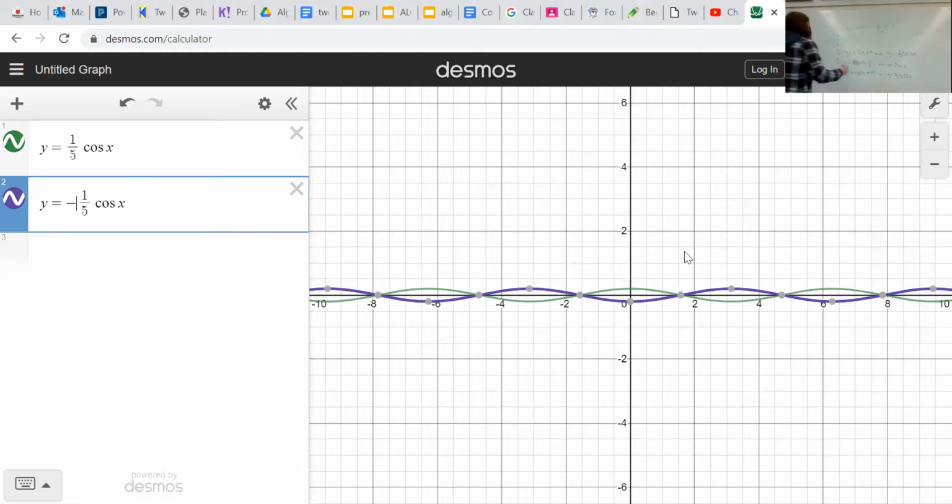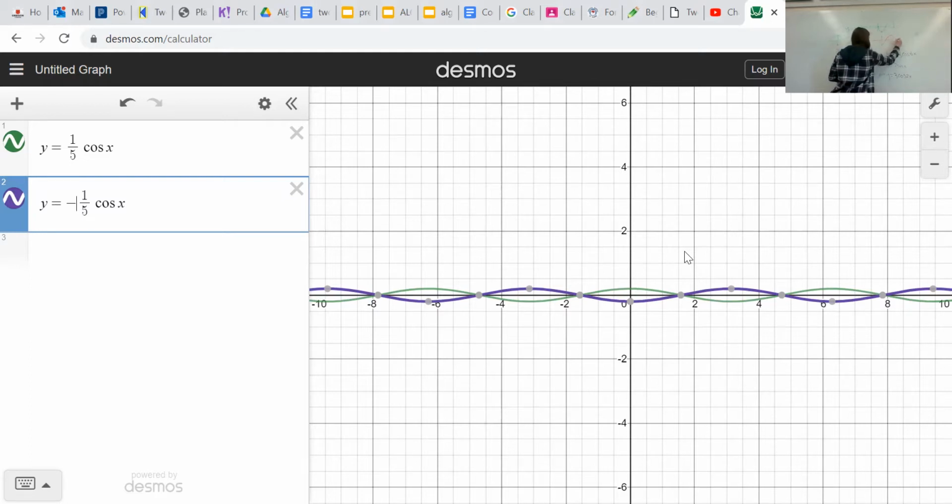So when we get a negative cosine function, so meaning we have that negative a, those first 5 points start here, here, here, here and here.